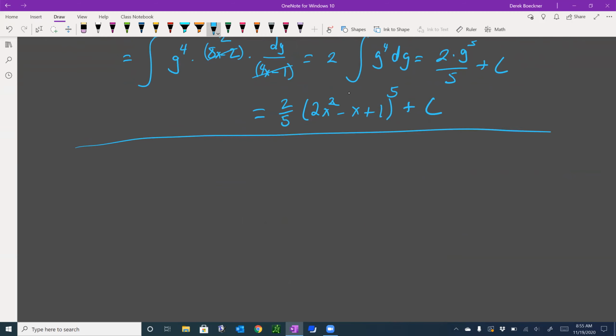Let's see some other ones. I think in 5.5, they give you pretty simple ones. Let's see if I can find anything that's a little trickier.